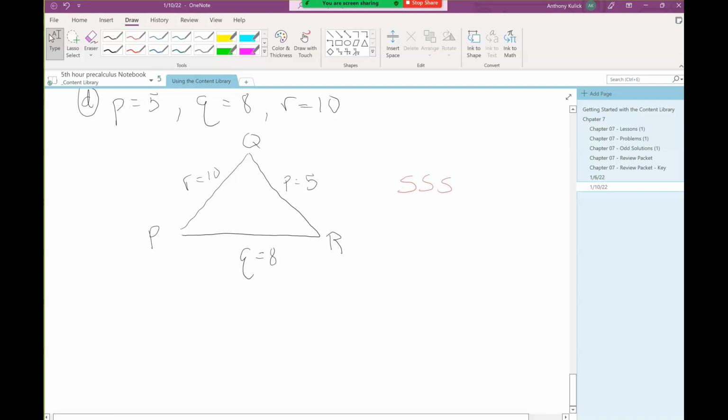For example, if I said, what about a triangle with side lengths 1, 1, and 100? If you try to picture that in your mind's eye, you're like, there's no way I can make a triangle with side lengths 1, 1, and 100. That other side is way too long for me to actually connect everything together, right? Does anybody remember from geometry how we check that?